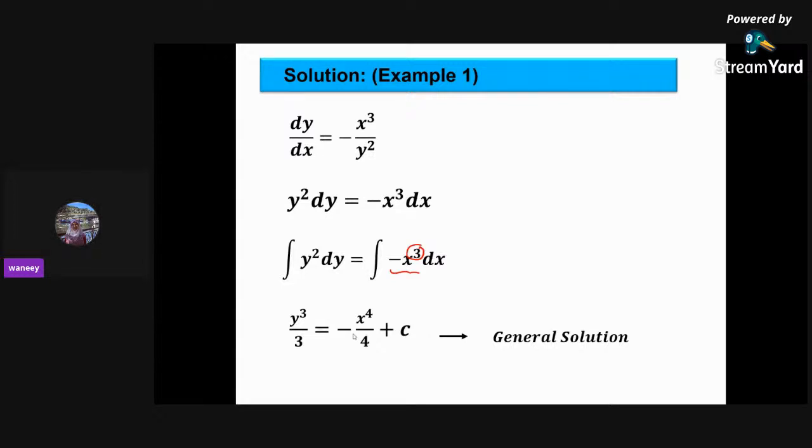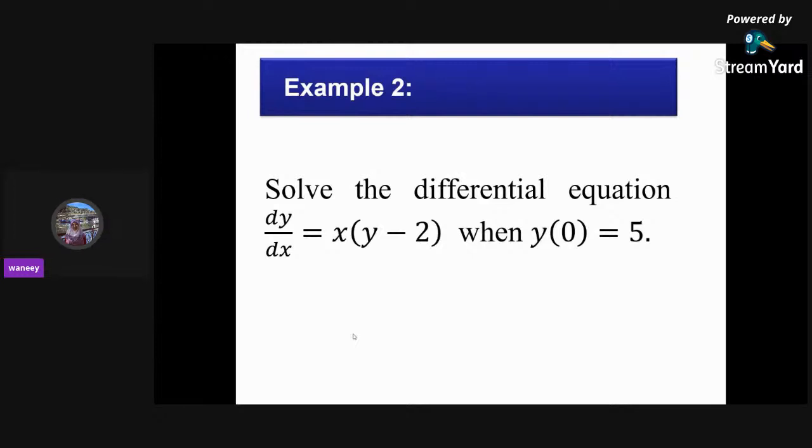Okay, next. Solve the differential equation dy over dx equal to x(y minus 2) when y(0) is equal to 5. You should see this y(0) is equal to 5. That means when we give our solution, it's supposed to be a particular solution, because we do have some value in y(0) is equal to 5.